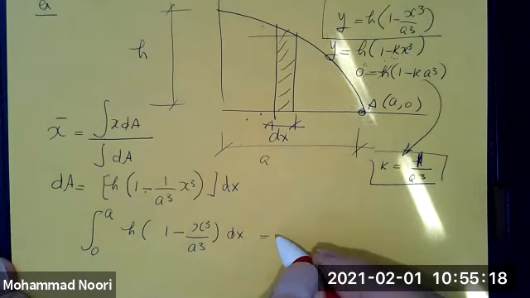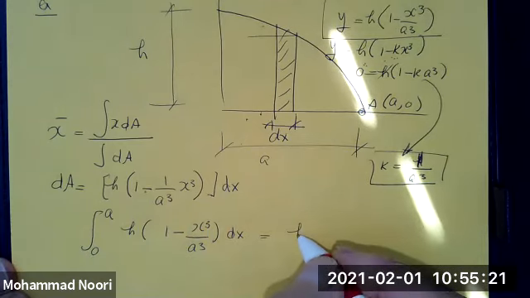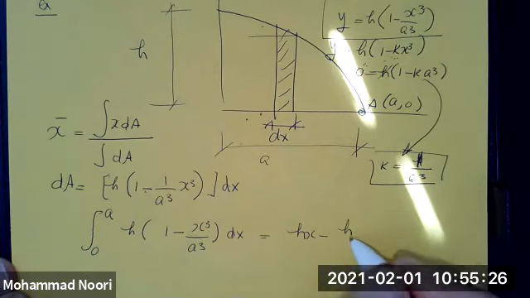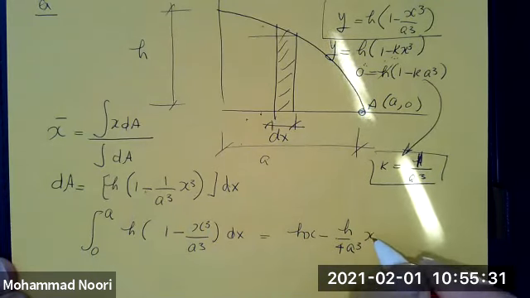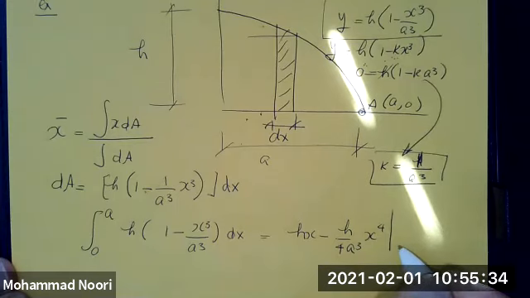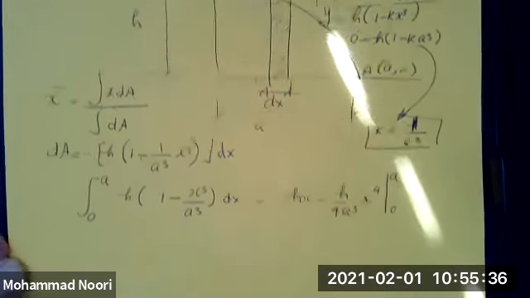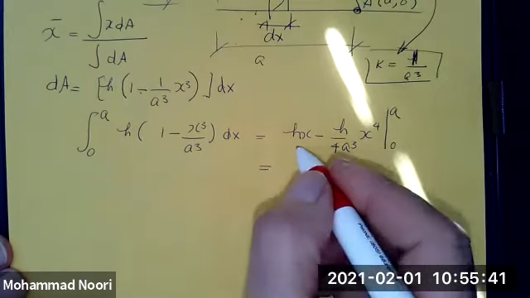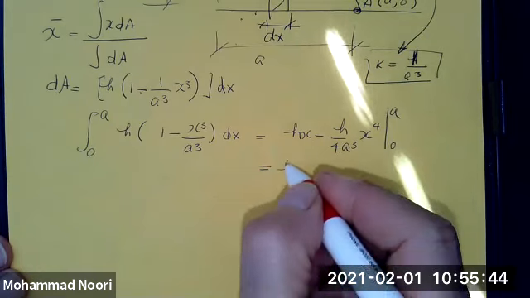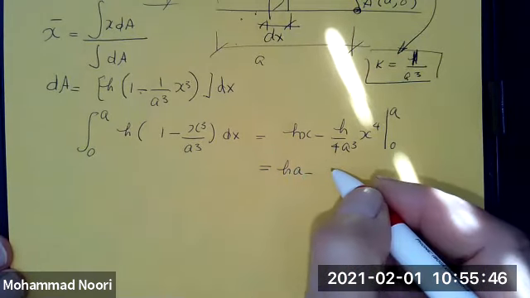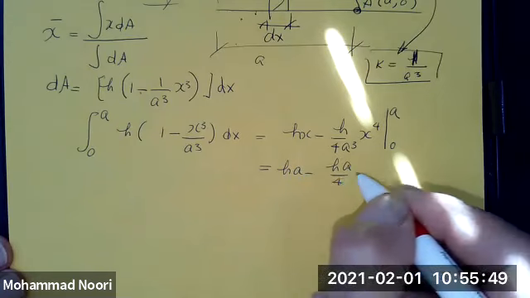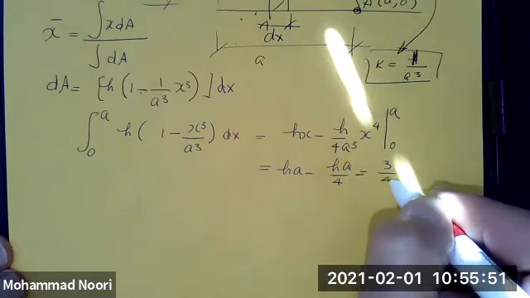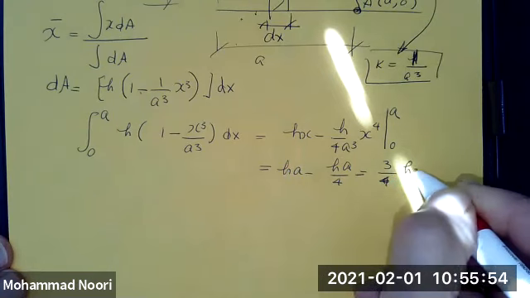It would be h x minus h over 4a cubed x to the 4, from 0 to a. Substitute for those, and you get h a minus h a divided by 4. So you get 3/4 of h a.